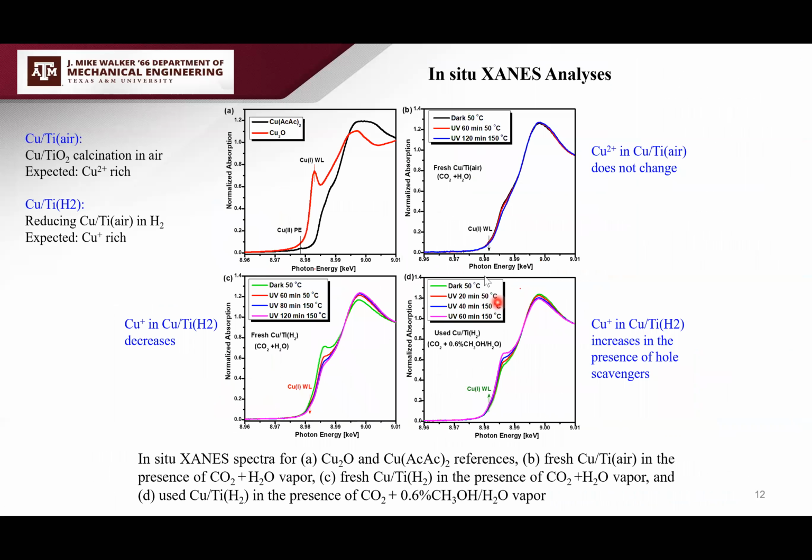We can see the change of copper valence if we begin with copper 2+. To begin with, this photoreduction process doesn't change the valence, right? But if we begin with copper 1+, reduced copper species, the population of copper 1+ actually decreased. But if we introduce hole scavenger, then the population of copper 1+ is maintained or even increased, okay?